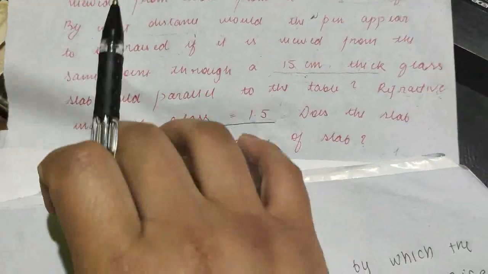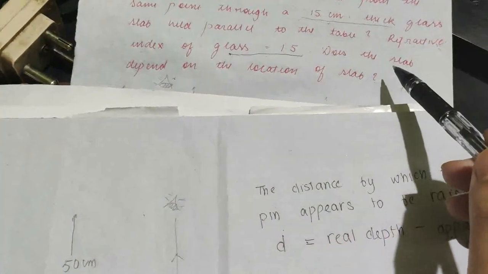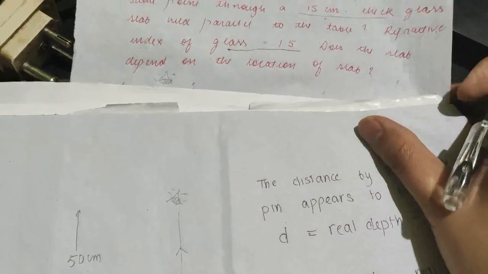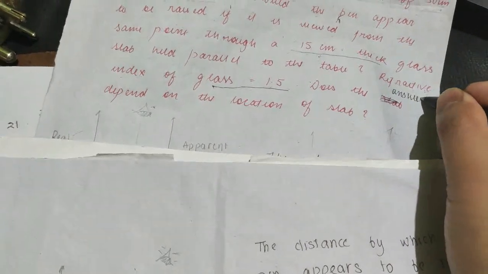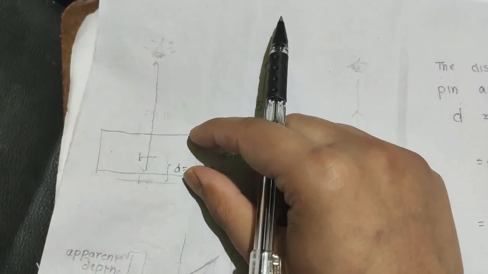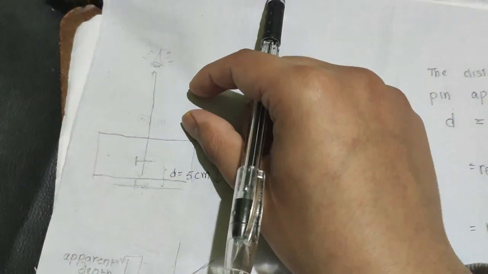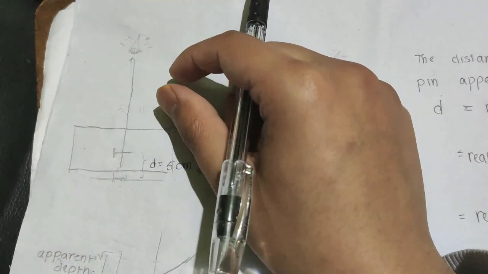Does the answer depend on the location of the slab? Meaning if I put the glass slab here or if I put the glass slab here, will there be any difference? The answer will be no.